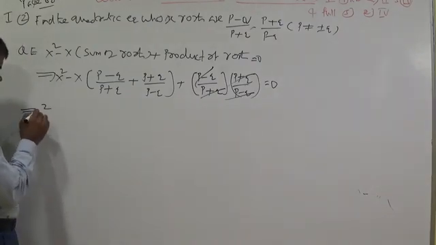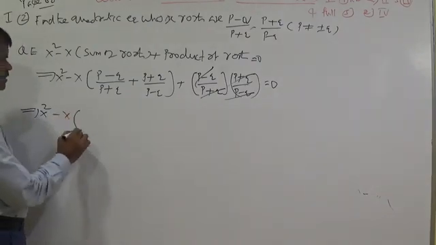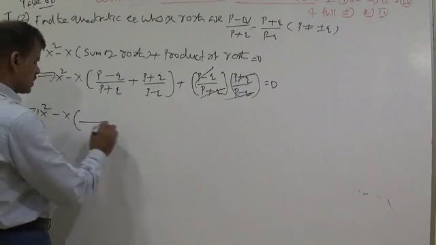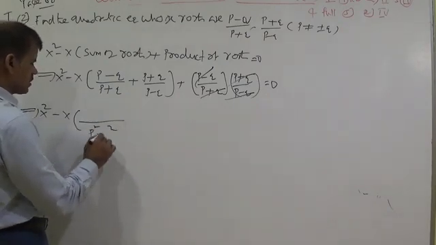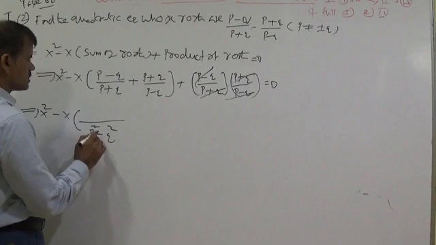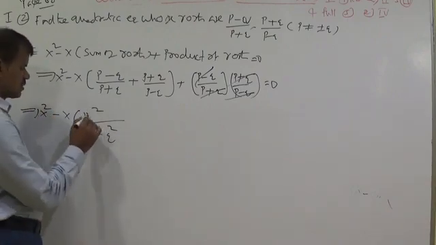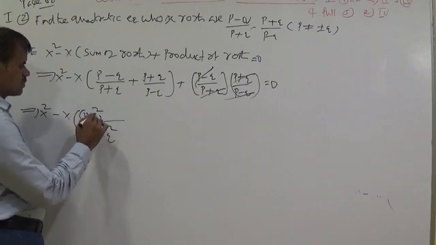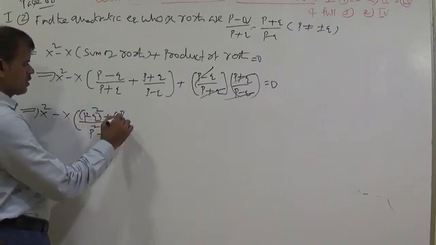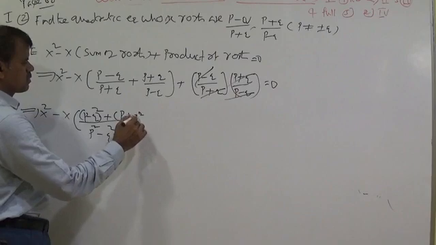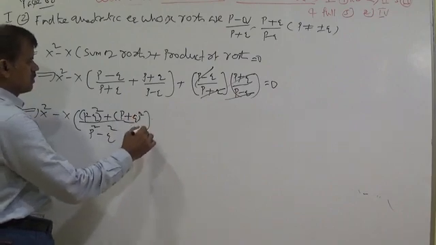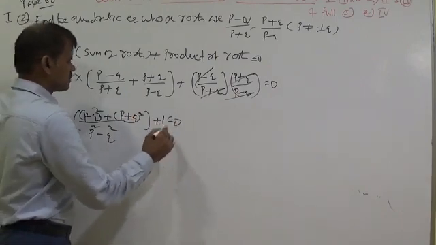That implies x square minus x into. Students, here you can understand, in the denominator the LCM of p plus q and p minus q is p square minus q square. Here you can write p minus q whole square plus p plus q whole square, plus 1 equal to 0.